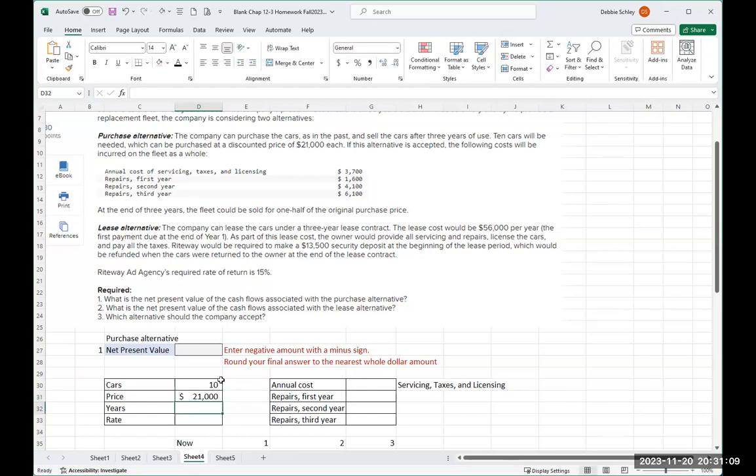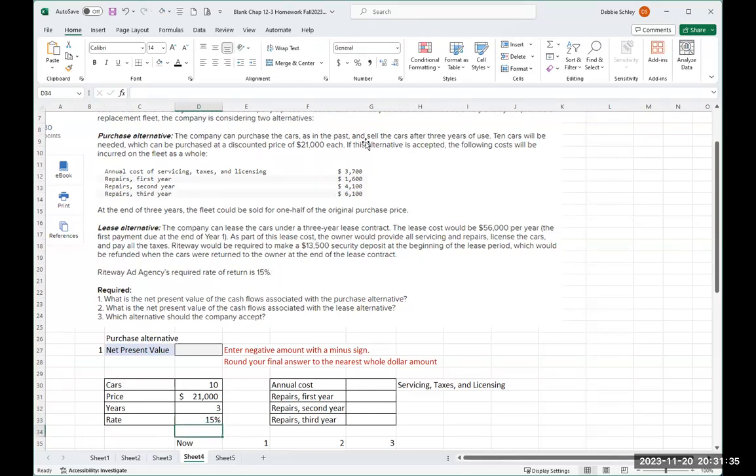So that's my price per car. And then we know it's for 3 years. And it's down here, the rate: Right Way ad agency required rate of return is 15%.